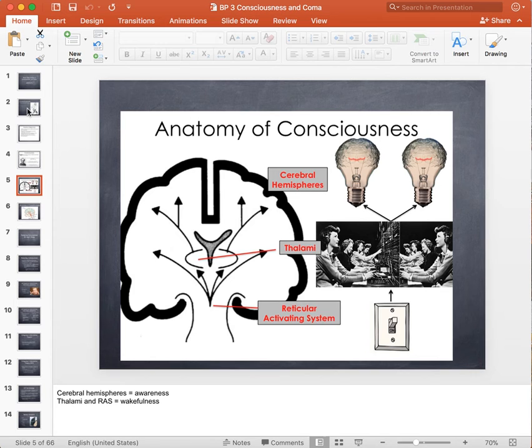The cerebral hemispheres are like the light bulbs that illuminate your awareness and the world around you, and they can be anywhere from fully on, fully bright, fully aware, to dim and only partially aware. While the reticular activating system is more of an all or nothing structure, the cerebral hemispheres have many different gradations between fully aware and not fully aware. And then the thalami, as always, are the conduit in between. They are the switchboard between the reticular activating system and the cerebral hemispheres.